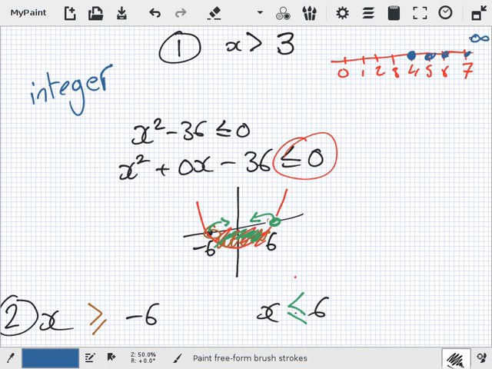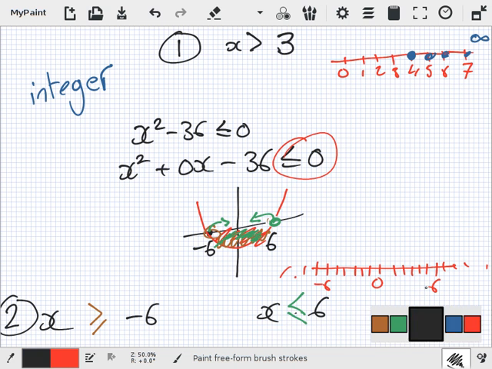Okay, now let's look at this answer. I have 0, 1, 2, 3, 4, 5, 6, and on the left 1, 2, 3, 4, 5, 6, minus 6, and so on. Okay, x should be bigger than or equal to minus 6. So what is the first integer that is bigger than or equal to minus 6?